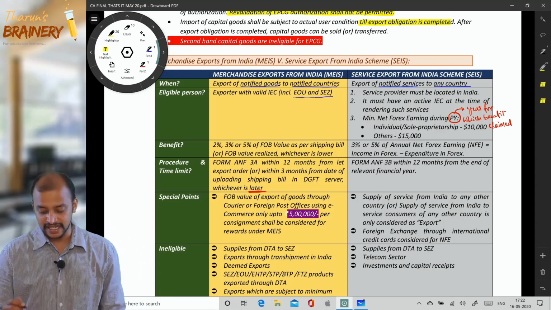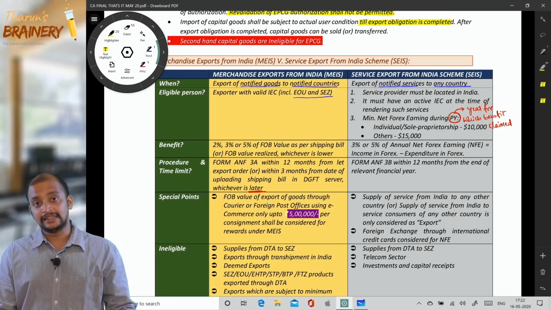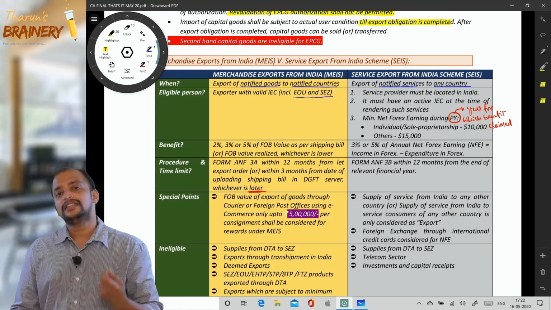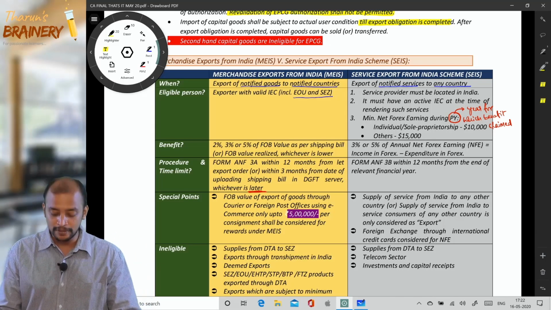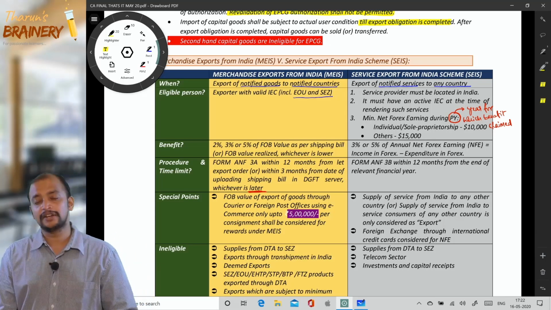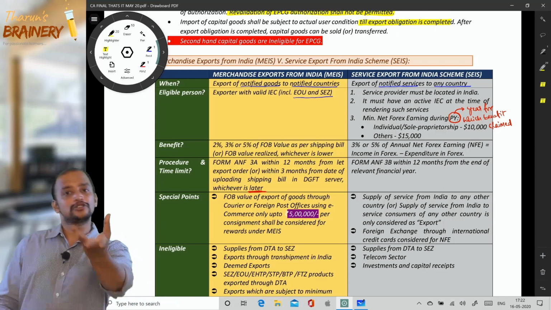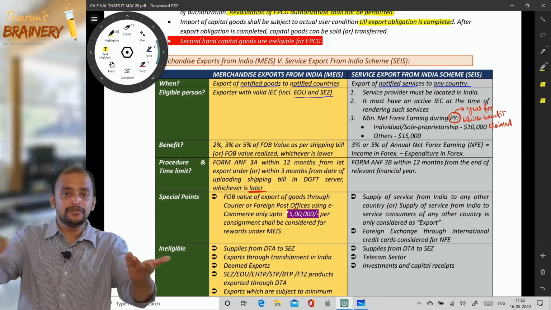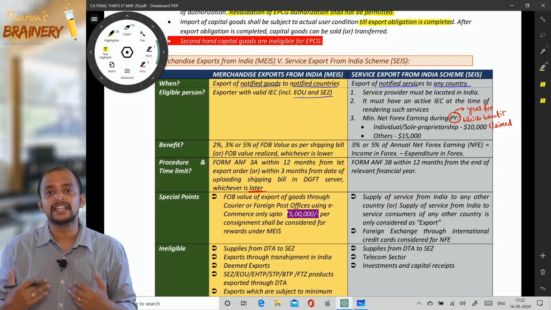Year for which benefit is claimed is known as the previous year, and for that year for which you rendered the services, the NFE in case of an individual or sole proprietorship firm should be $10,000, and for others it should be $15,000. For example, I also exported something, and for which I got some $10, means $10 into 5%, will I get the benefit?